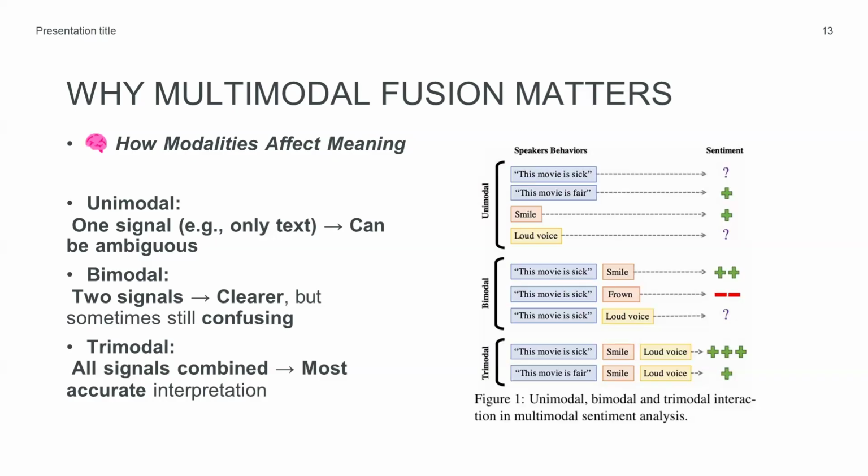Then comes trimodal, where we use three modalities together: speech, expression, and sound. If we use all three, we can definitely get the sentiment. We will not get into a confusion state.